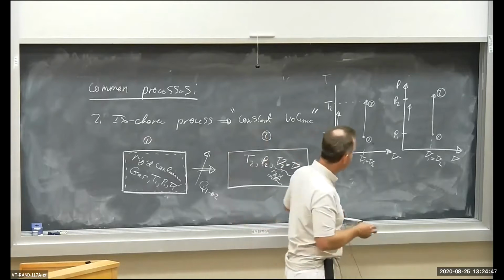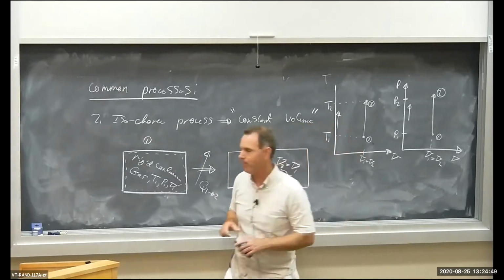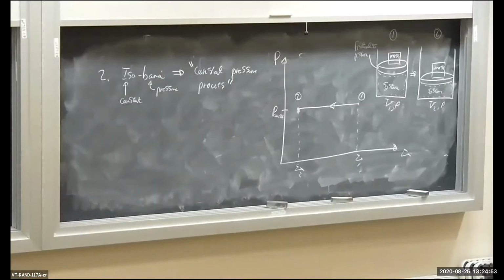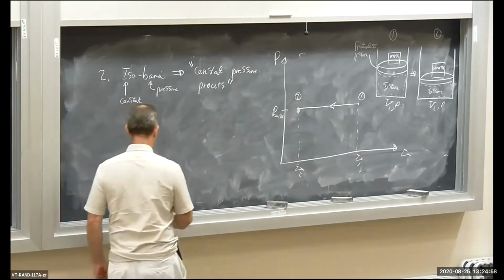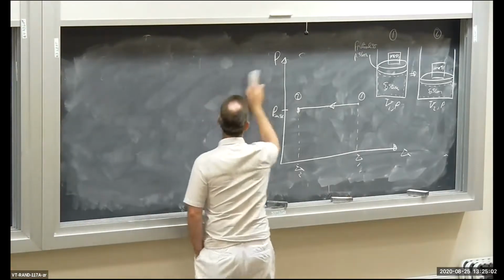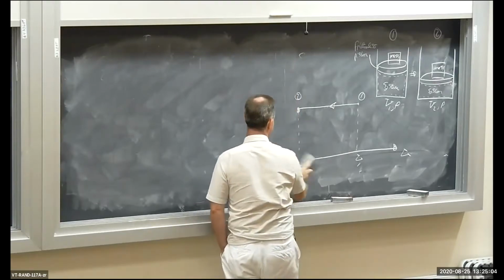Now, before we finish here, I do have a little question for you. Going to see if you understand what's going on here. Let's say I gave you the following process.